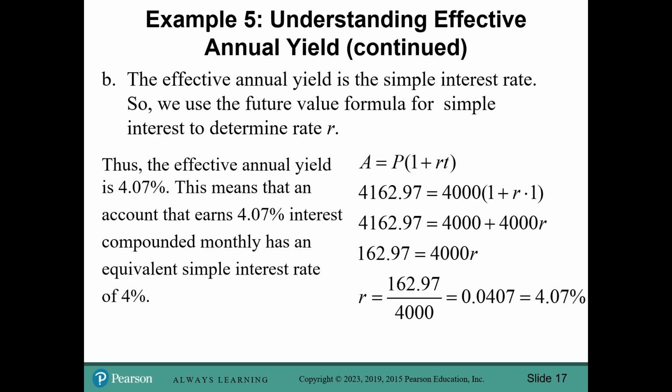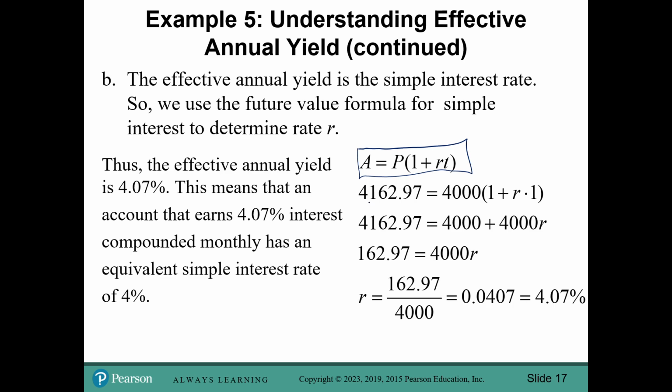Now, the effective annual yield is the simple interest rate. So we use the future value formula for simple interest to determine your rate R. So the formula we're going to work with here is A equals P times (1 plus RT), because that is our 1 year interest rate formula. Okay, simple interest rate right there.